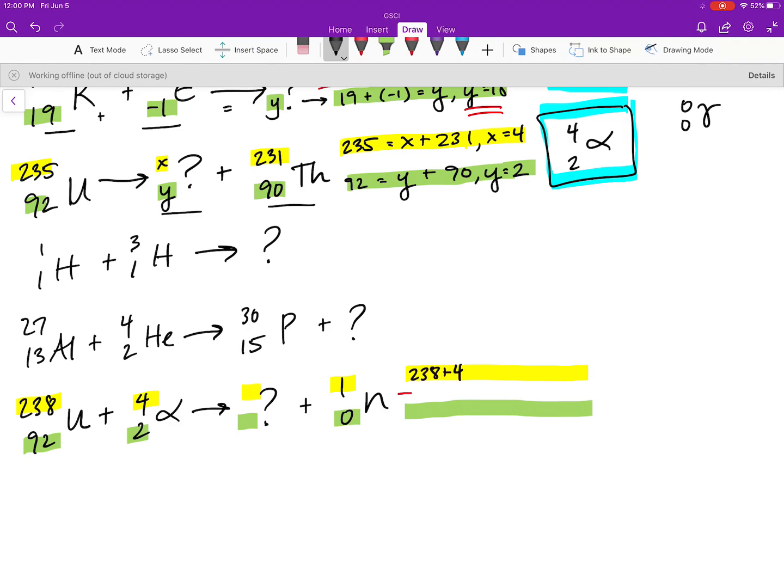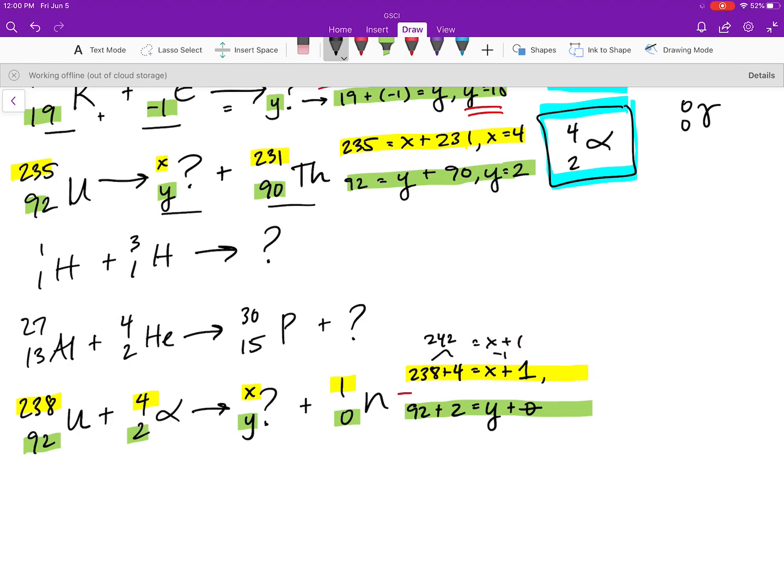So I have 238 plus 4 equals x plus 1. And this is going to be 92 plus 2 equals y plus 0. All right, so I'm going to add the two numbers on the left to get 242 equals x plus 1.